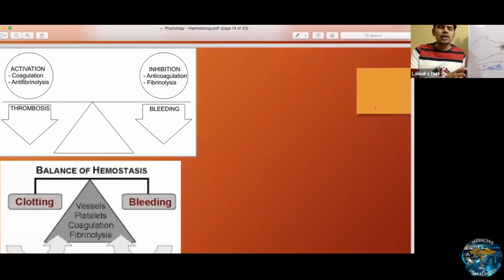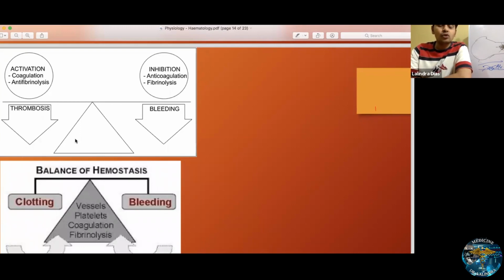Right. So guys, look at this, the scale. Usually thrombosis and bleeding have a fine balance. Thrombosis means the ability to cause blood clots, and on the other hand, you have the ability to bleed. So look at this: activation of coagulation, activation of antifibrinolysis, that will make thrombosis.